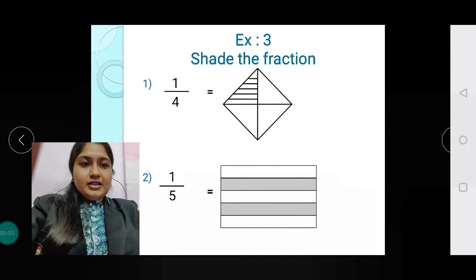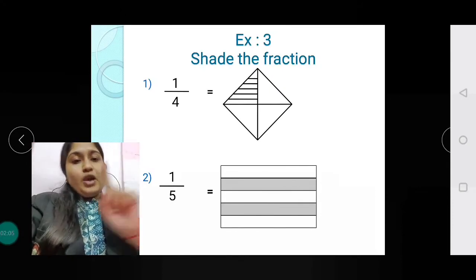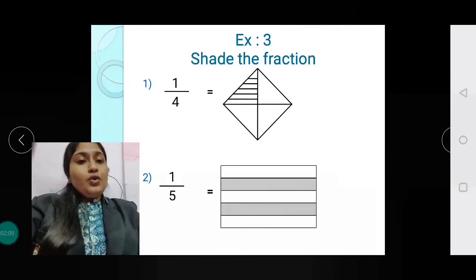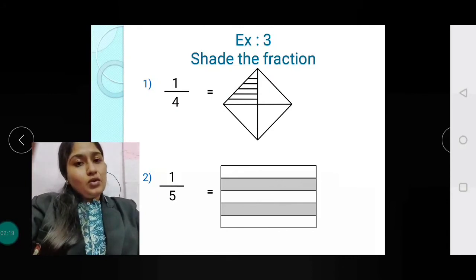So this rectangle is divided into 5 parts. See, 1, 2, 3, 4 and 5, right? And we have to shade one part. Okay, my dear students, so you can shade the first part, second, third, fourth, fifth. I mean to say, आप first part को अगर shade करते हो, that is also okay.